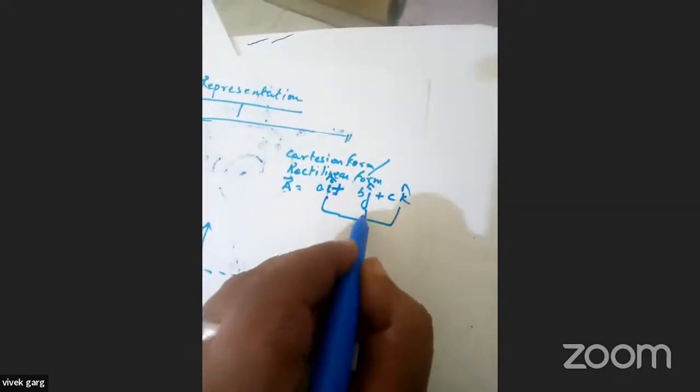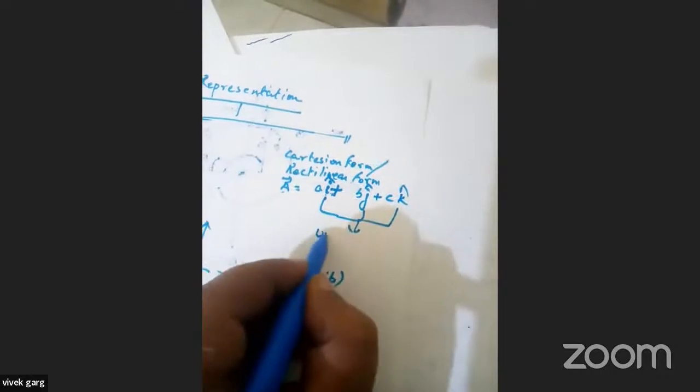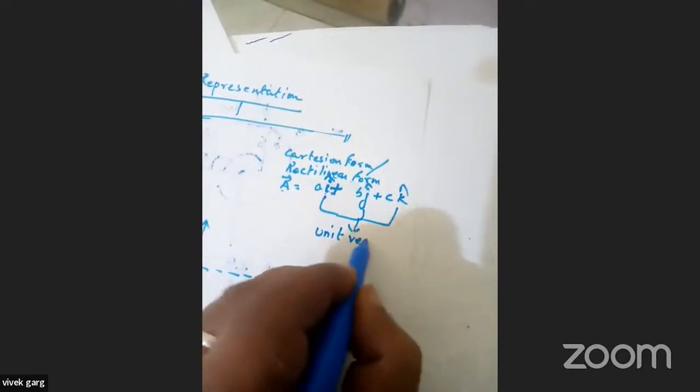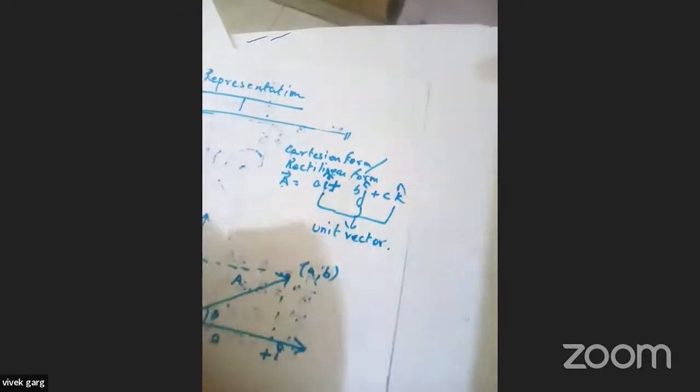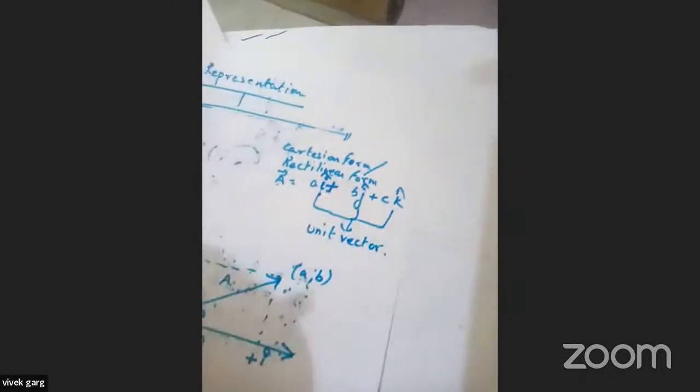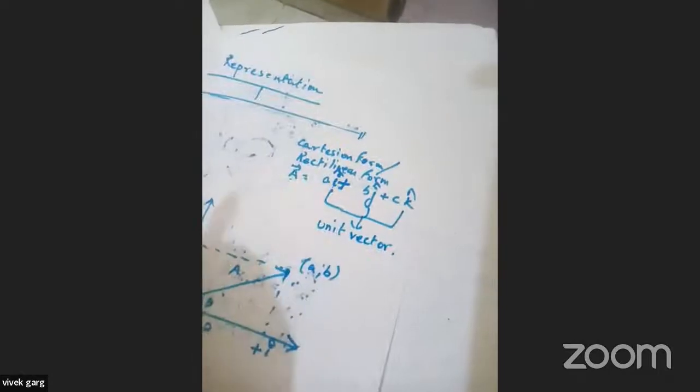So what are these? These are known as unit vectors. What does a unit vector mean? Unit basically means one unit. So how does it have a unit value?